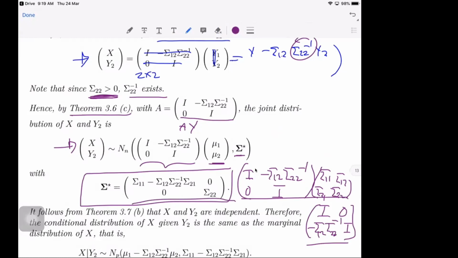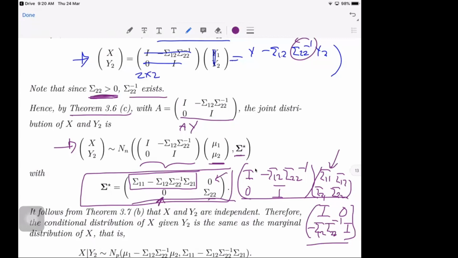This is your sigma 11 relative to Ay, and then 0 as the sigma 12 or sigma 21, and then sigma 22.